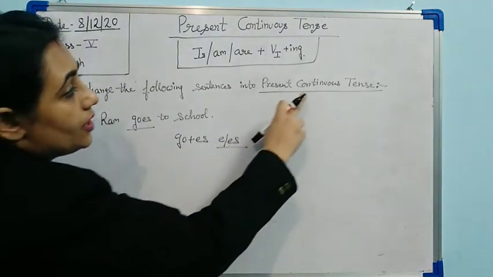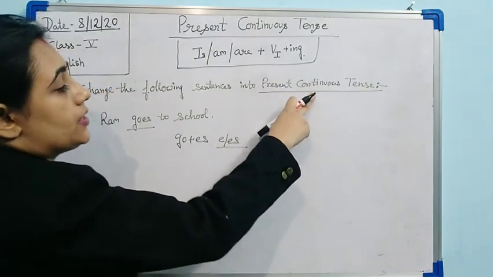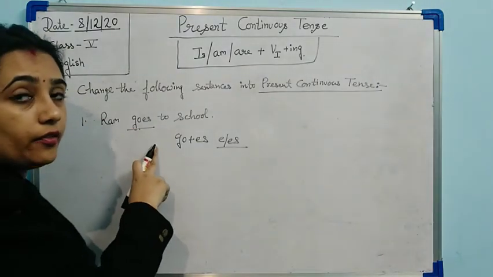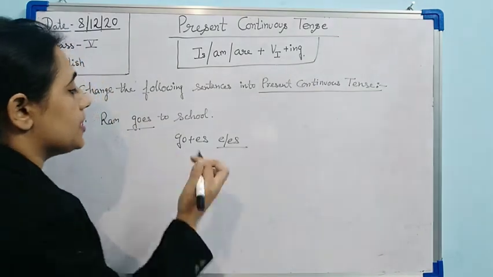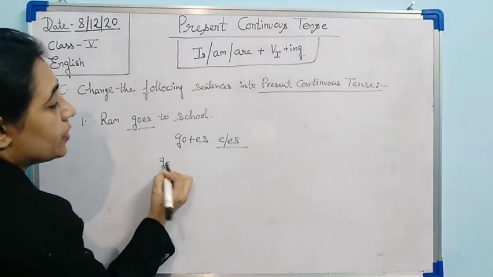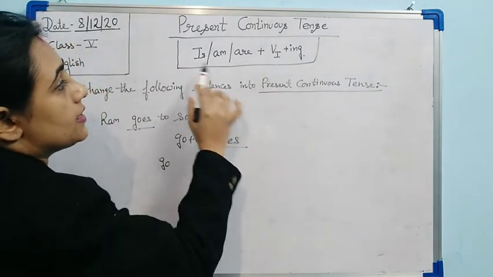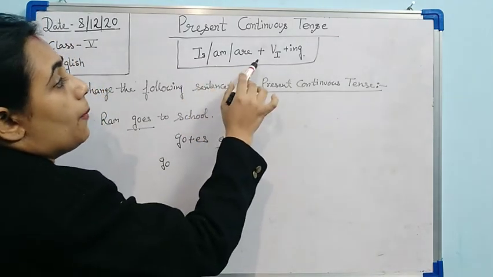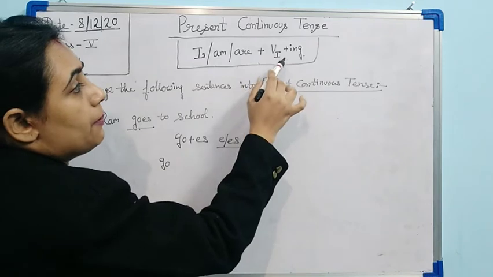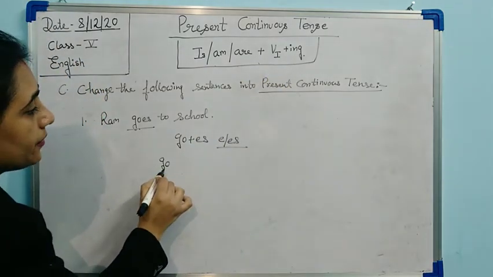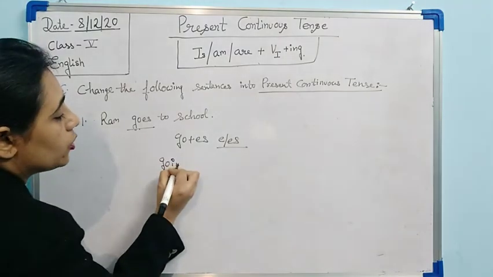Right? Now, for present continuous tense, what is the verb here? Goes is given here, but what is the base form? Base form is go. Now, what is the formula for present continuous tense? Is, am, are plus verb first form plus ing. So, verb first form is go, then ing, going.